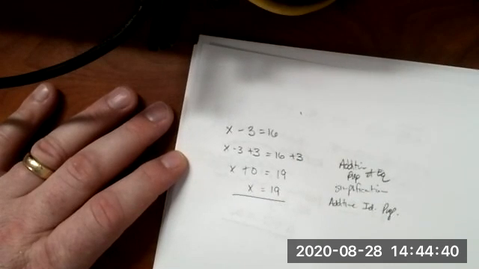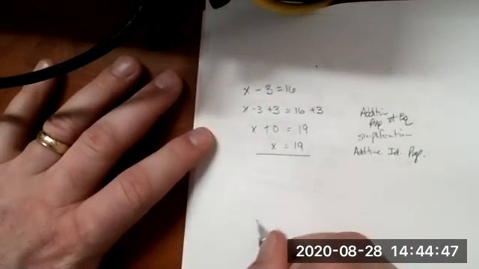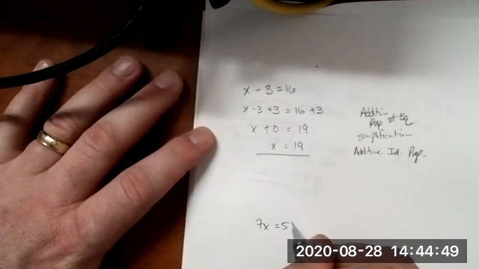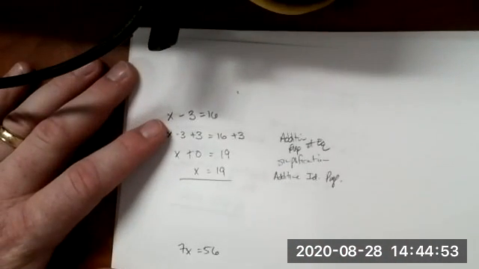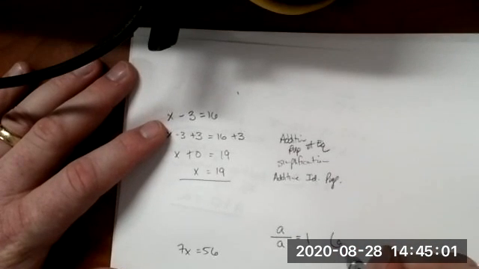Number 3 says 7x equals 56. All right, now for the first time we have multiplication. I know that any number divided by itself is equal to 1 as long as that number is not 0.